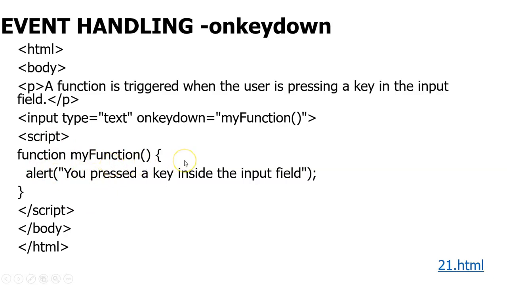I'm creating a text box with input type equal to text. Inside the text box, I have the onkeydown event with my function. So when I click and write something inside the text box, I'll get an alert box. This is how onkeydown will work.